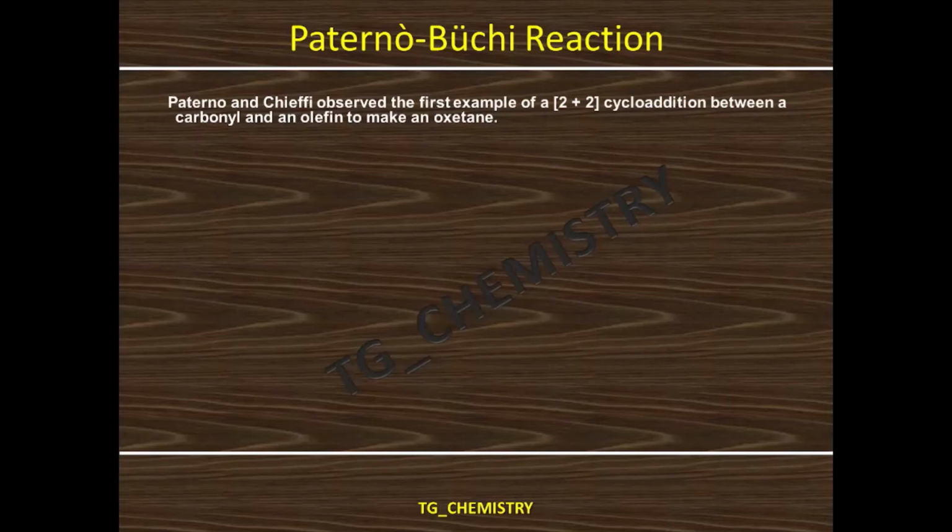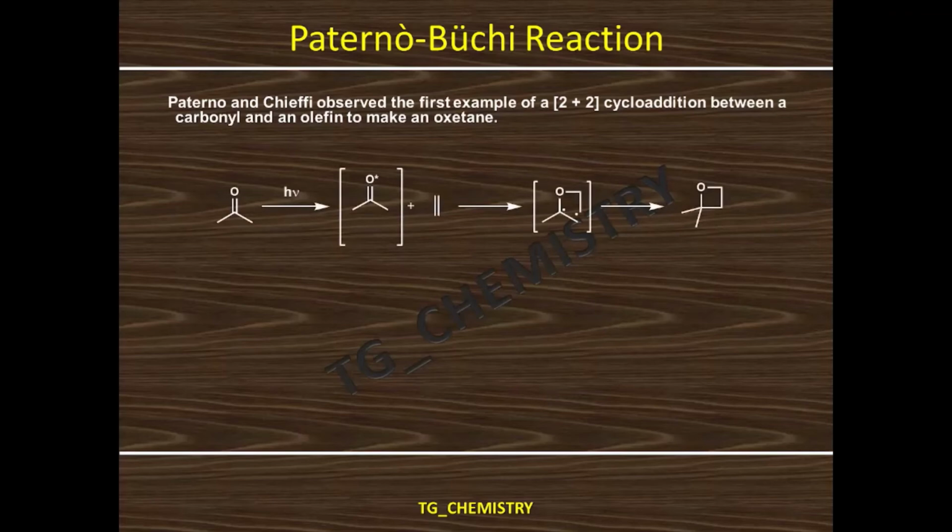Okay, and what is the main product of that one? You can see the 2+2 cycloaddition between the carbonyl and olefin will eventually end up forming an oxetane ring structure. So this is the characteristic, or identification pattern, of the Paterno-Buchi reaction, looking at the product.